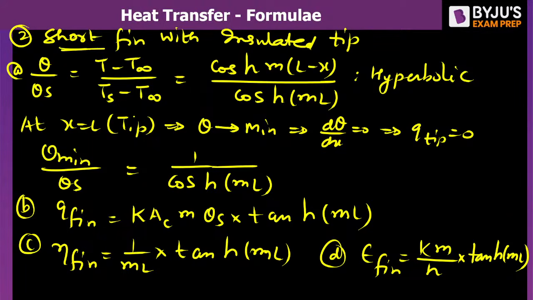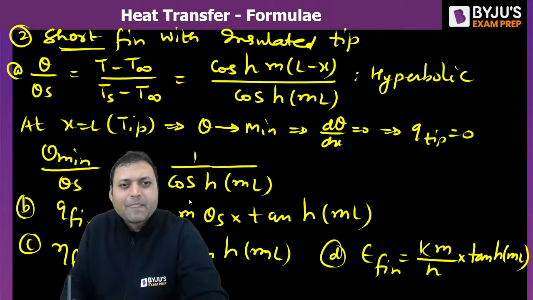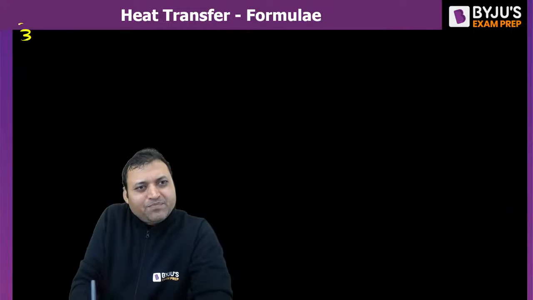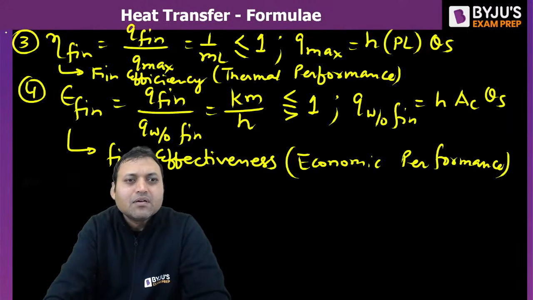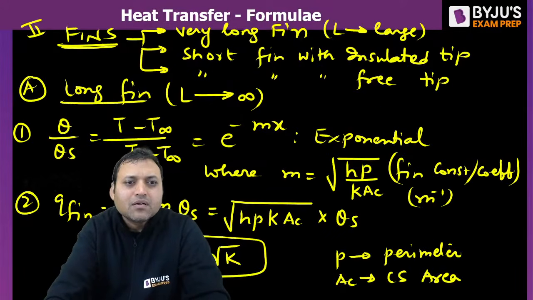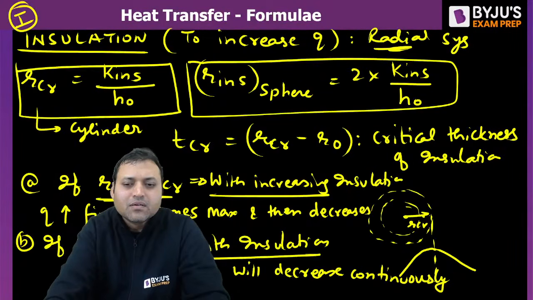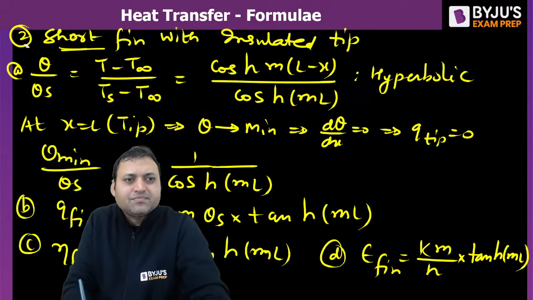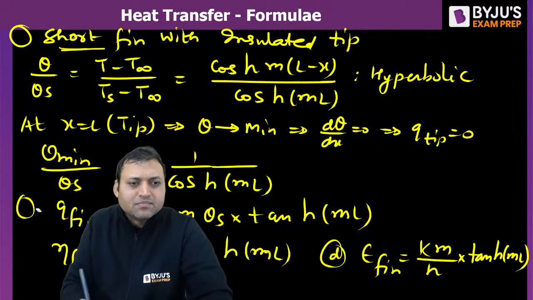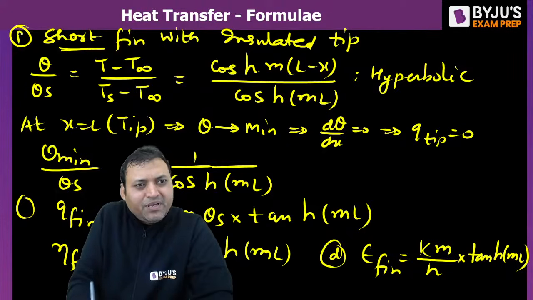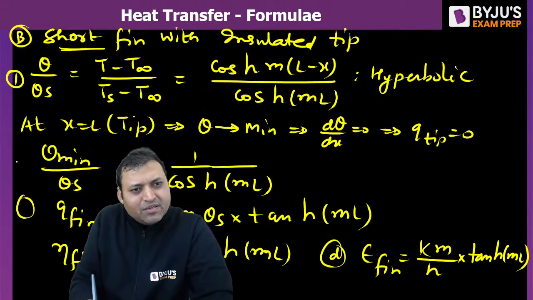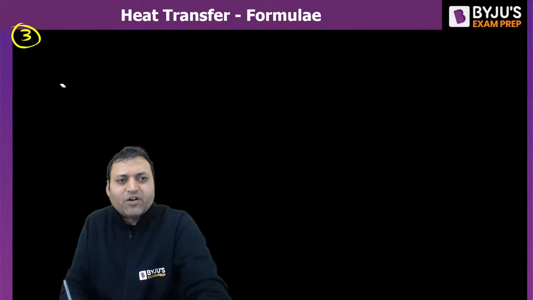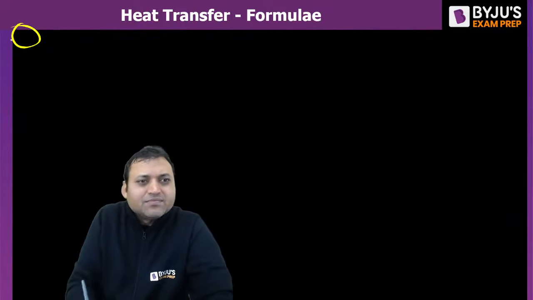And for short fin with free tip, let me write B here. This is B, this is formula 1, this is formula 2, this is formula 3.